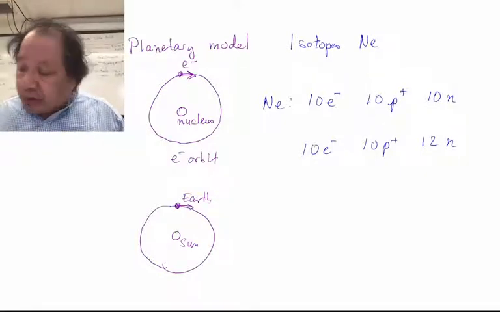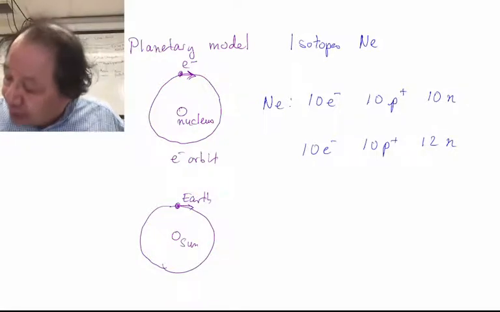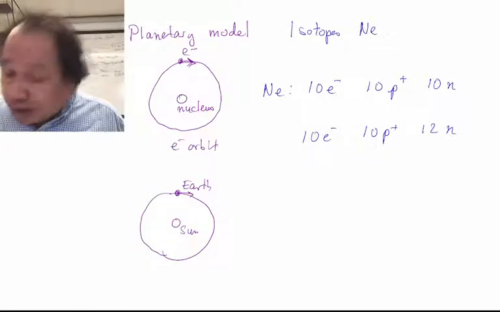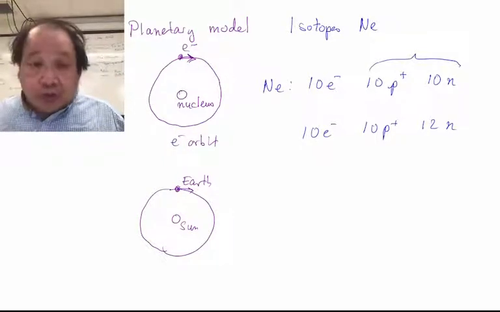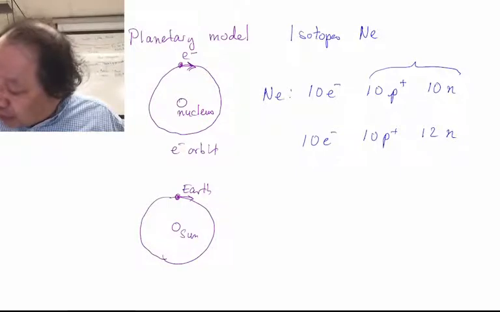The nomenclature that we use to describe these two situations is that we look at the mass. The electrons are so light we don't even need to count them. But there's 1 AMU, 1 gram per mole, for the protons, and 1 gram per mole for the neutrons. There are 20 protons and neutrons here, so that's 20 AMU in total.